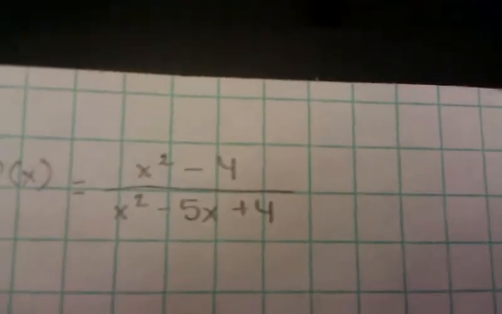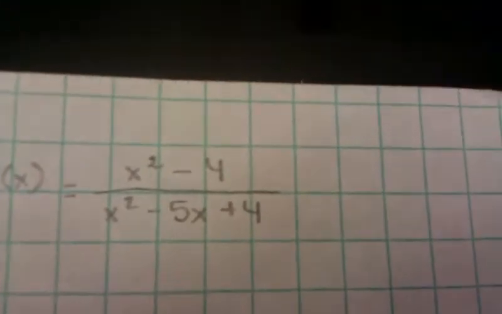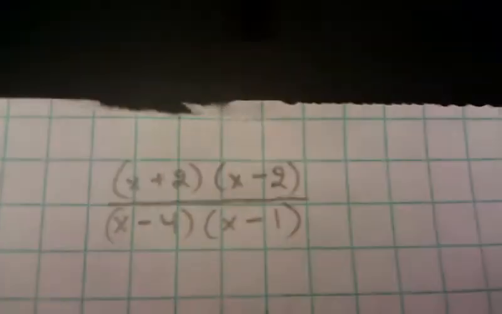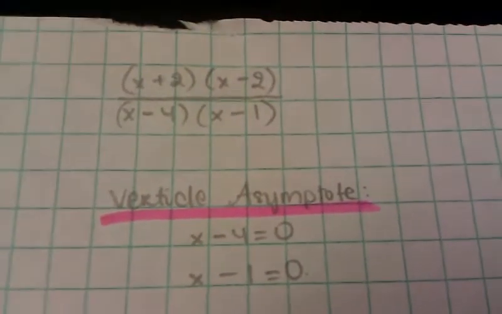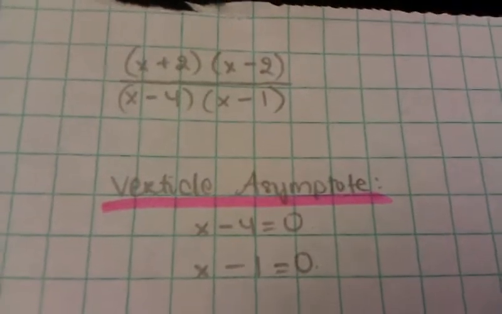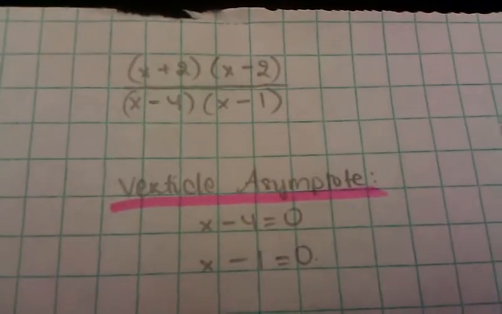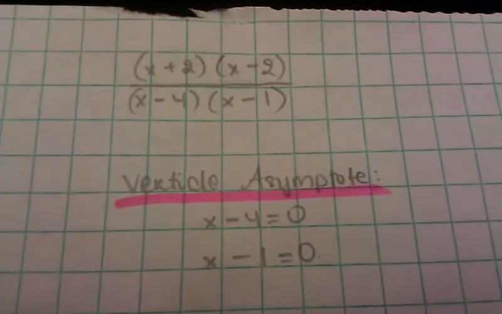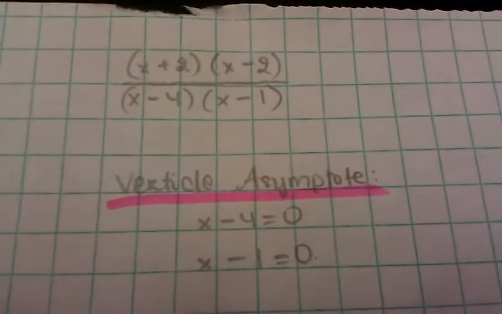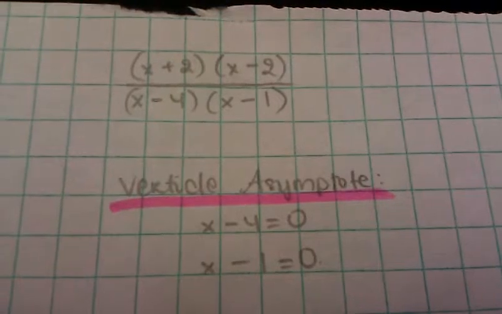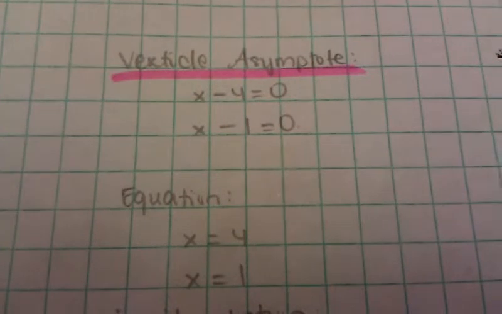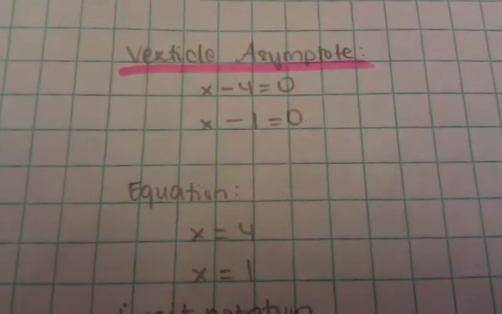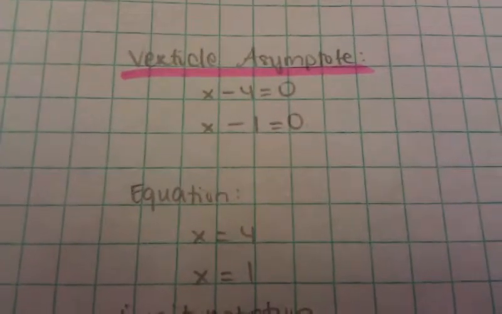The denominator is factorable too, so we will get x minus 4 times x minus 1. And we need to set the bottom equal to 0, and I get x minus 4 equals 0, x minus 1 equals 0. The equations will be x equals 4, x equals 1, because you add 4 on both sides and add 1 on both sides.